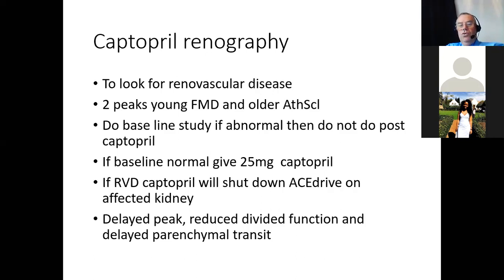If the baseline is normal, you then give captopril, 25 milligrams normally, and what you'll see is that there'll be a change in the renogram between the pre-captopril and the post-captopril. And this is all related to changes in the angiotensin converting enzyme drive. So what happens in renal artery stenosis is that the kidney doesn't get enough blood.